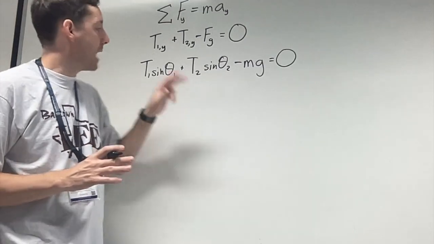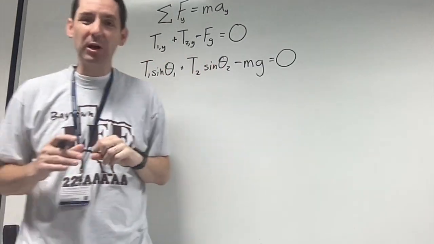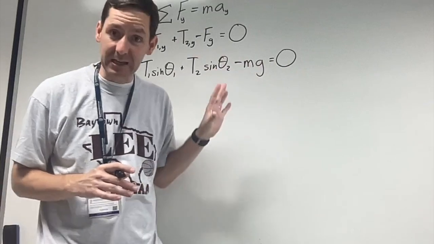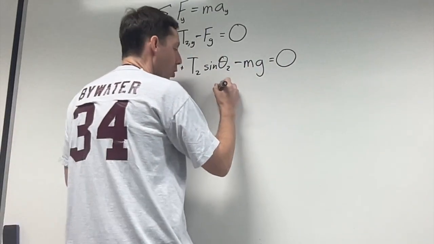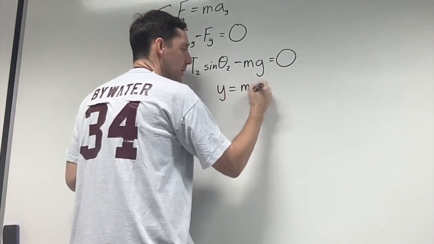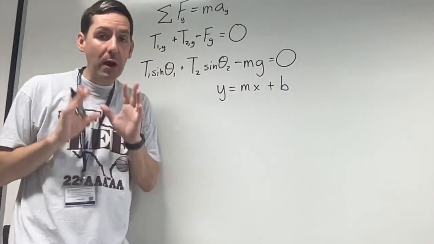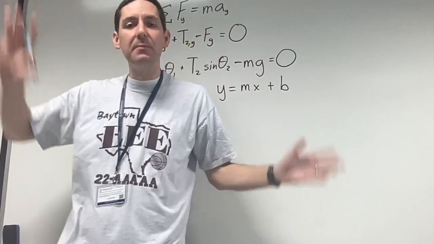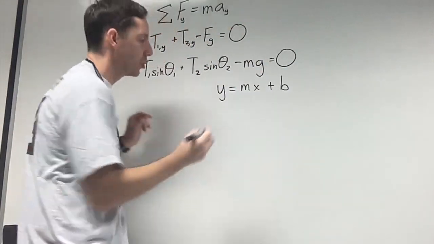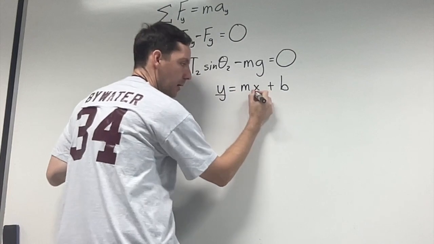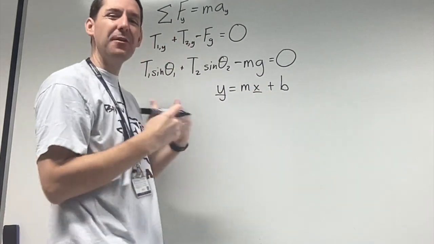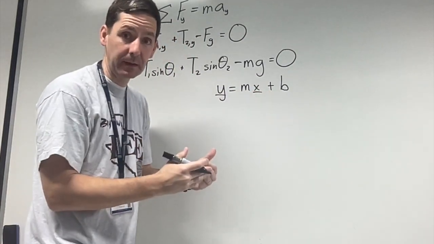All right? Now, that's helpful because the next thing we're going to do is rearrange this so that it is in y equals mx plus b format. Now, when we do this, you can't just randomly move stuff around. You want to make sure that the y and the x have the things that you measured, things that you know.